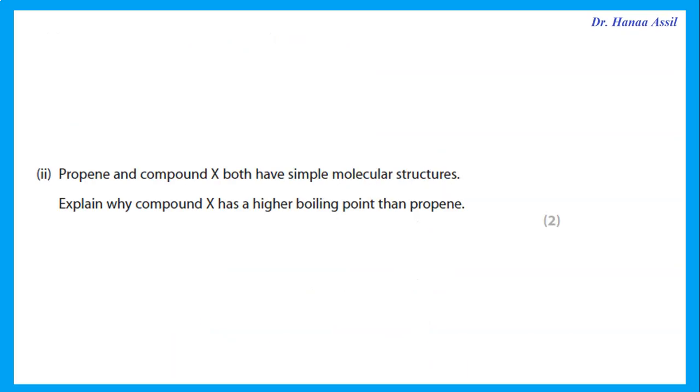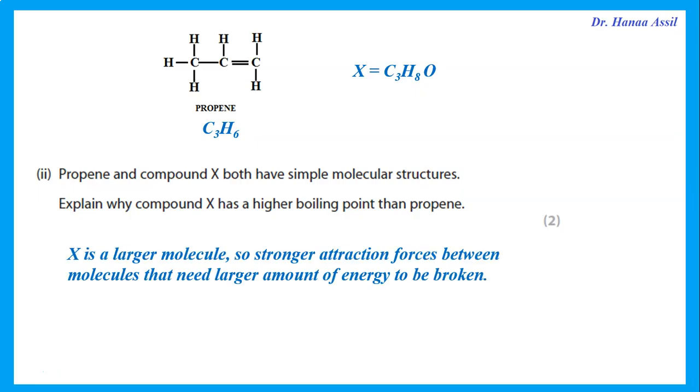Propene and compound X both have simple molecular structures. Explain why compound X has higher boiling point than propene. Of course, if we are comparing two different compounds, both of them are simple. So both of them should have weak attraction forces between molecules. But if we say that one of them has higher boiling point than the other, that means that one has stronger attraction forces between molecules than the other one.